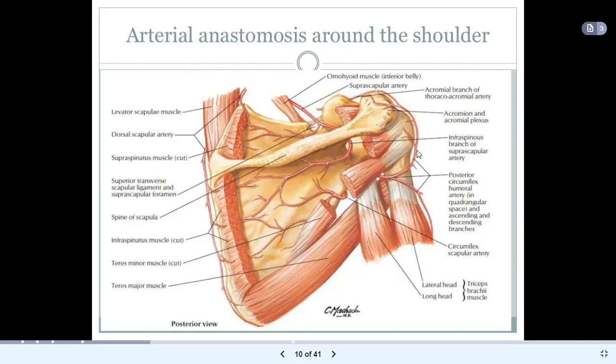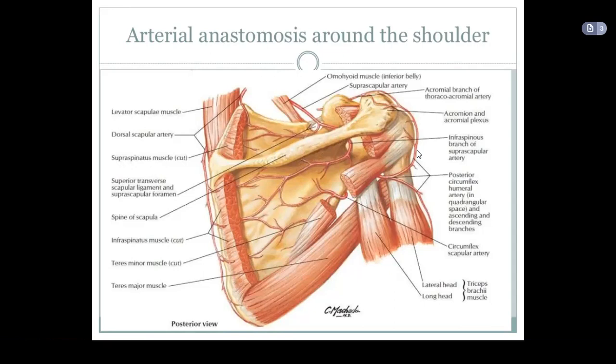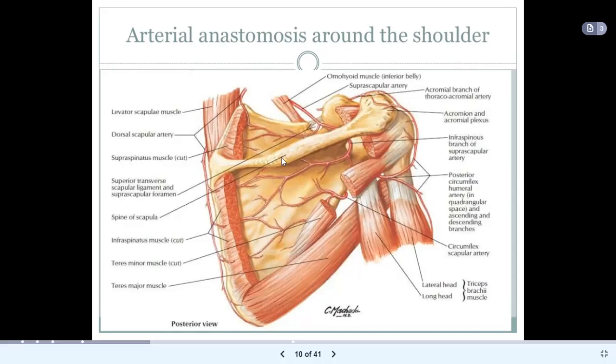Now, this diagram could not capture the anterior circumflex humeral artery because this is a posterior view of the scapula. So the anterior circumflex humeral artery will be in front of this one on the other side.